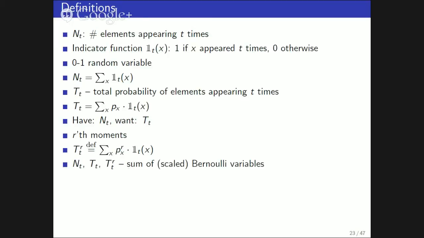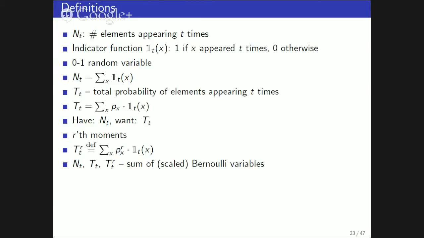One thing to note is that each of those three quantities, N_t, the number of things that appear t times, T_t, the total probability of things that appear t times, and the total of the probabilities squared, are all sums of Bernoulli random variables, in some cases scaled by some constant.